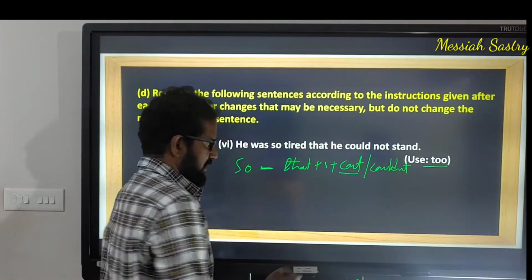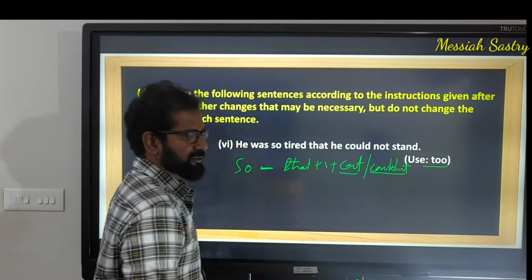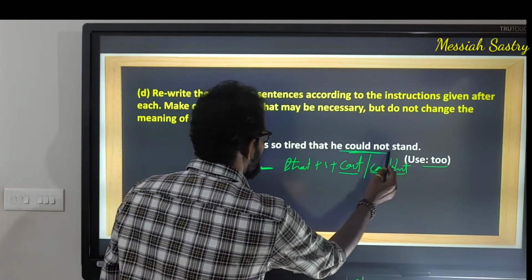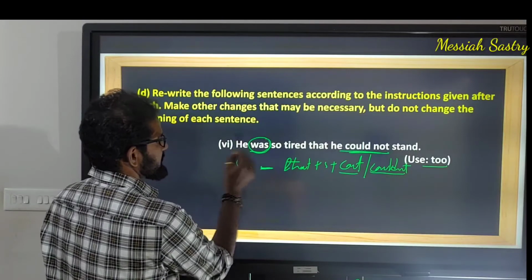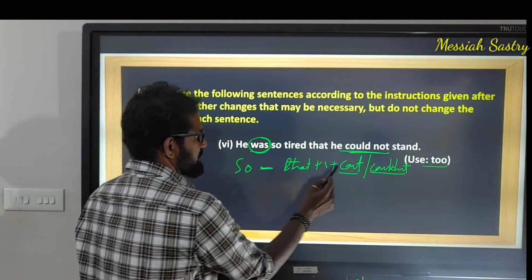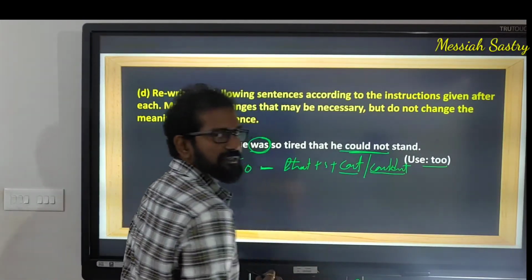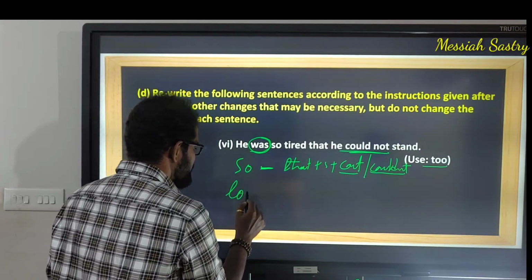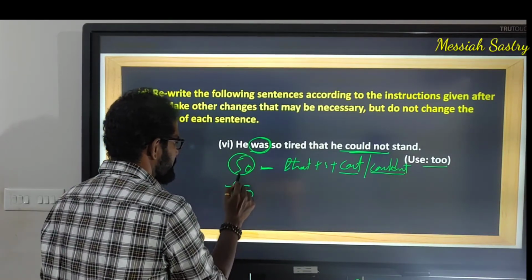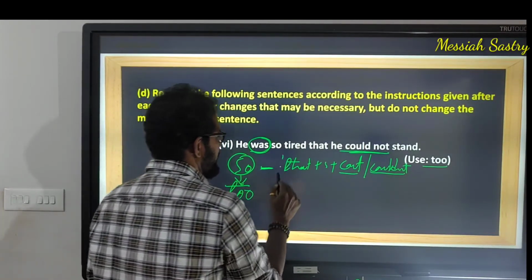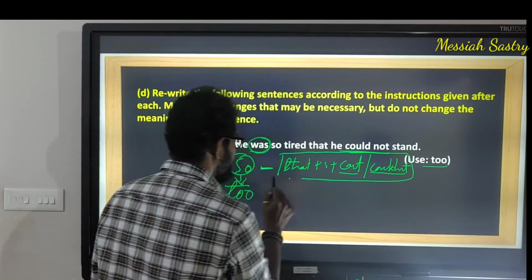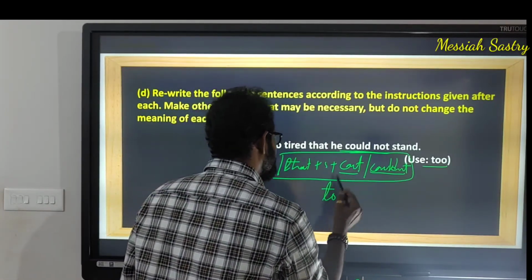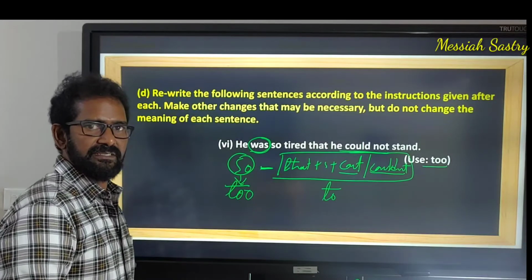Present tense we write cannot. Past tense we write could not. Here it is given, see, could not. The reason is was. Then when you write using to, in place of so we write to, and in place of this we just write to.